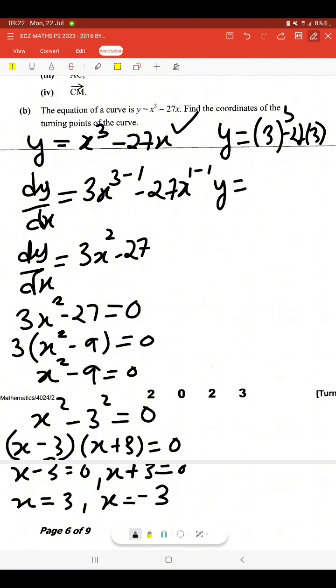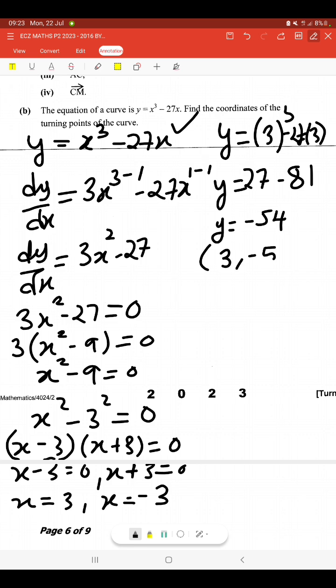So y is equal to 3 to the power 3 should give us 27, minus 27 multiplied by 3 should give us 81. So 27 minus 81 should give us negative 54. So meaning we've got 3 comma negative 54 as one coordinate.